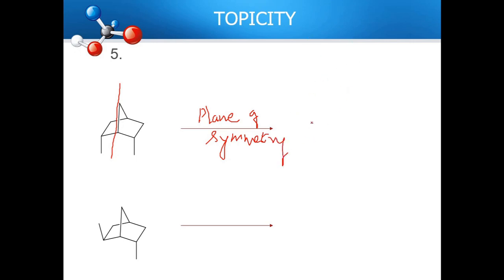So the two hydrogens, we have two hydrogens over here actually. So one over here and one over here. So let us identify it as HA and HB. Therefore, these two hydrogens are enantiotopic.